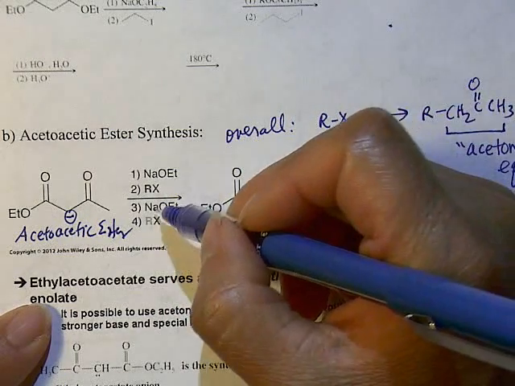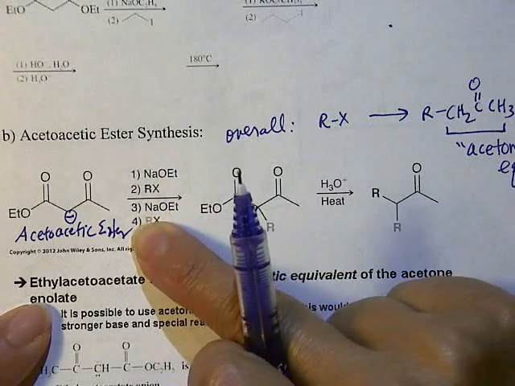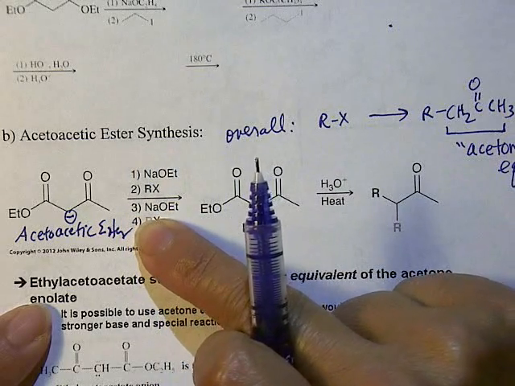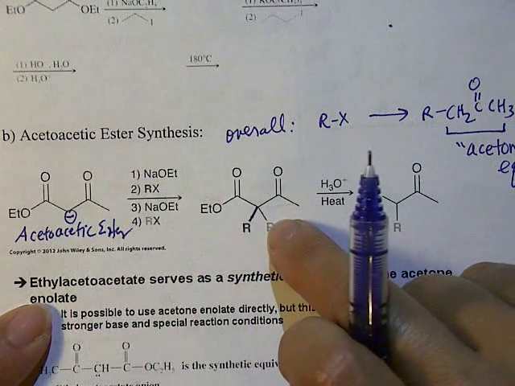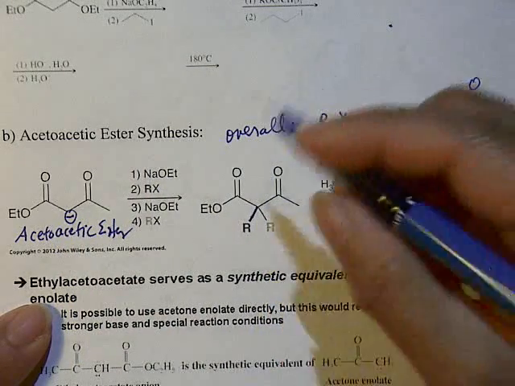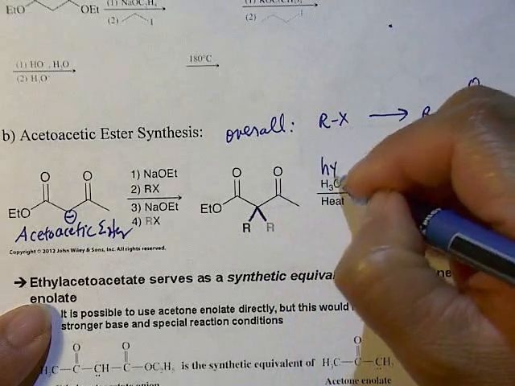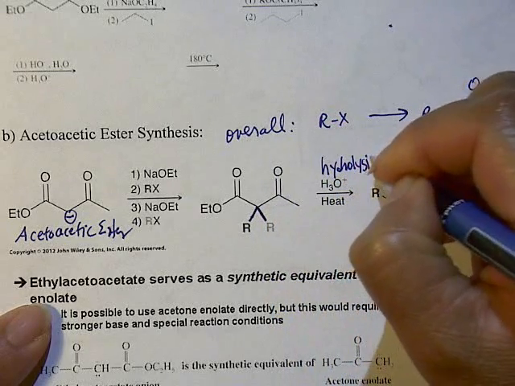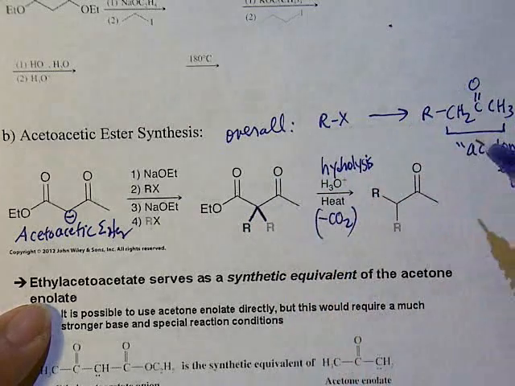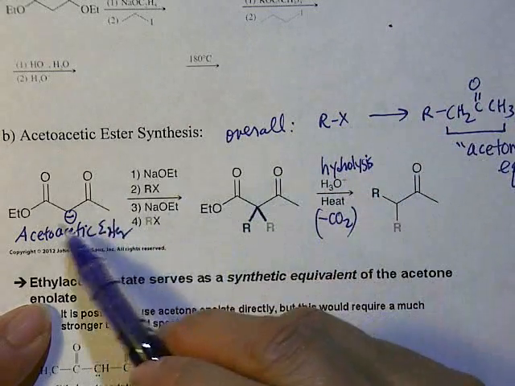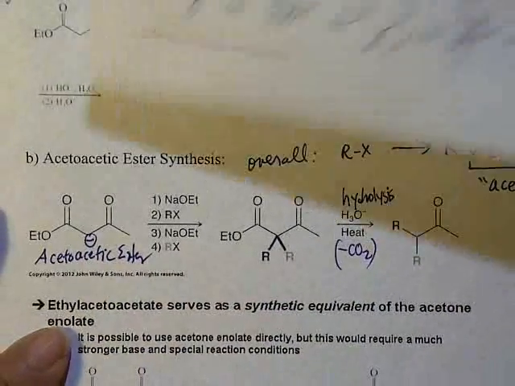If you want another R group, which is optional, you retreat it with another base, form the enolate again with the remaining hydrogen, and then you put on the other R group. So these are the 2 bonds that you make, and then this is hydrolysis again, and then this is minus CO2, the decarboxylation reaction.